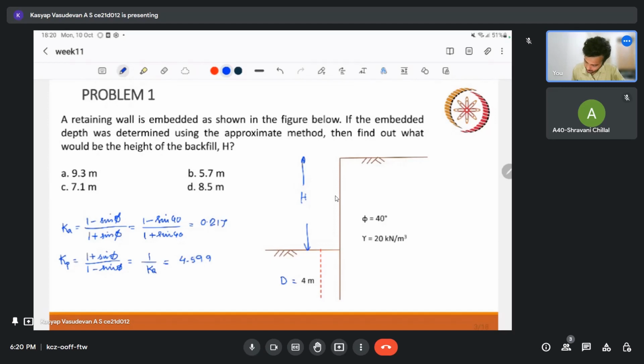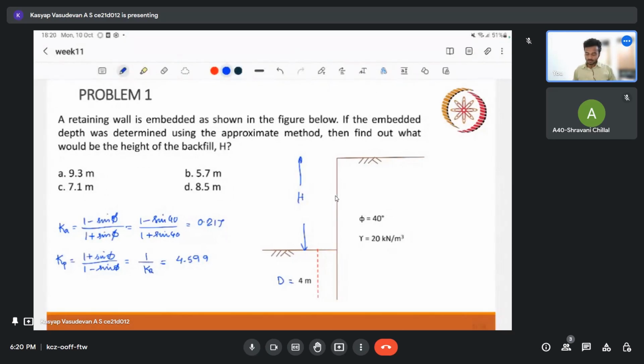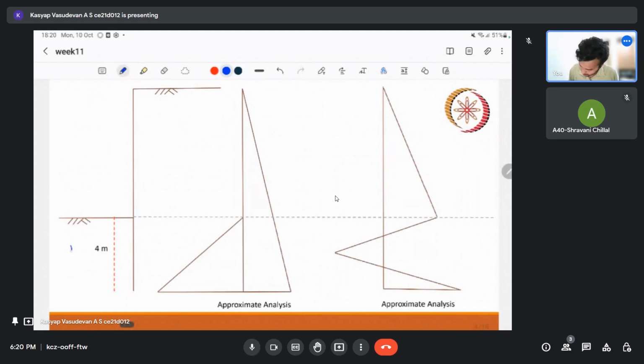So when we have to analyze a sheet pile, especially for a cohesionless soil, we actually have two options. One option is this approximate method that we are talking about in this question.